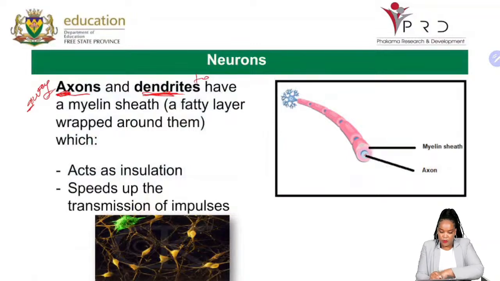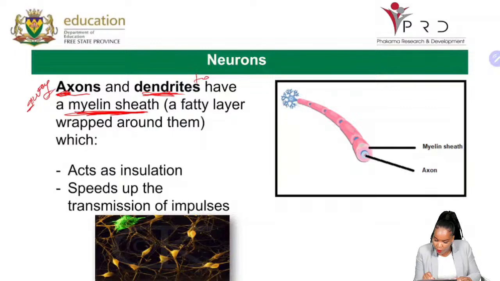Then they have a myelin sheath, or a fatty layer that is wrapped around them. So the myelin sheath plays a very important part. If you take a look at this diagram here, this part that is covering the axon, you see the axon is coming out there, is covered by the myelin sheath. This myelin sheath here plays a very important part. So this will be your dendrites.